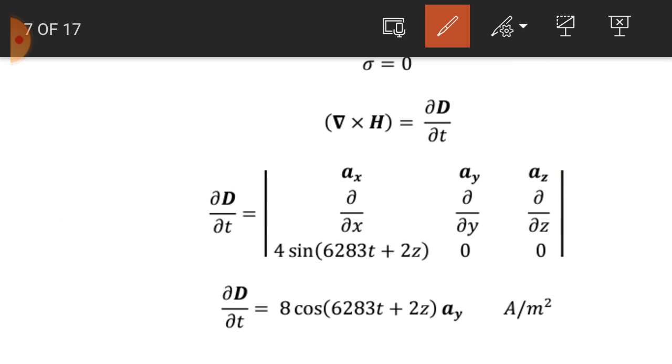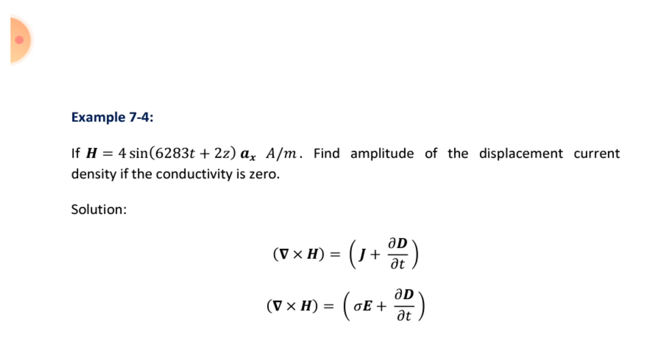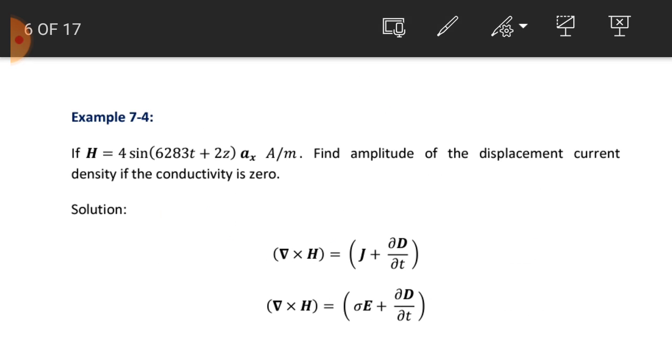If you look at the equation for the magnetic field intensity in the previous page, you see the magnetic field intensity is in the direction of the unit vector Ax. This means that the magnetic field intensity has only one component, which is the x component.